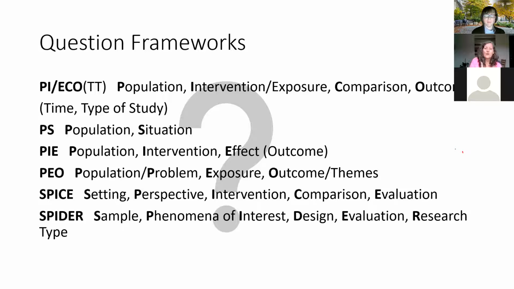And I have to say, my experience is generally with the PICO, Population, Intervention, Comparison and Outcome. What this does is it allows you to structure your question, and whichever one of these or other frameworks you choose, in such a way that the elements that are required for you to move forward have been identified, right?